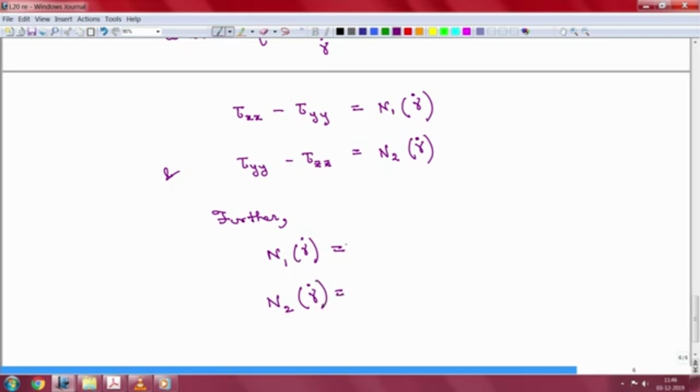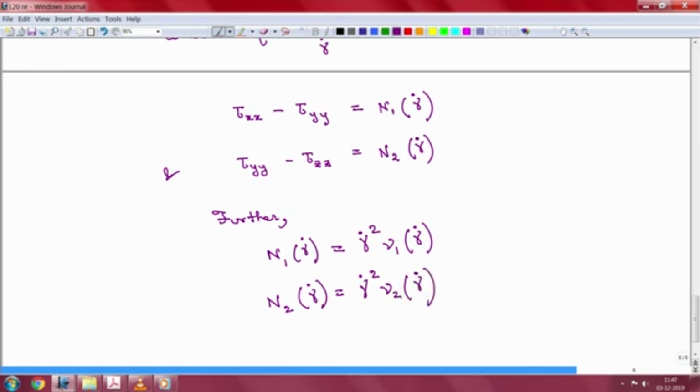It is an even function, so I can make that even function by selecting gamma dot squared multiplied by some mu 1. I am not going into the derivation of why it is exactly like this, but I am just trying to physically argue that these will be even functions, and this is a functional form that satisfies that criteria.